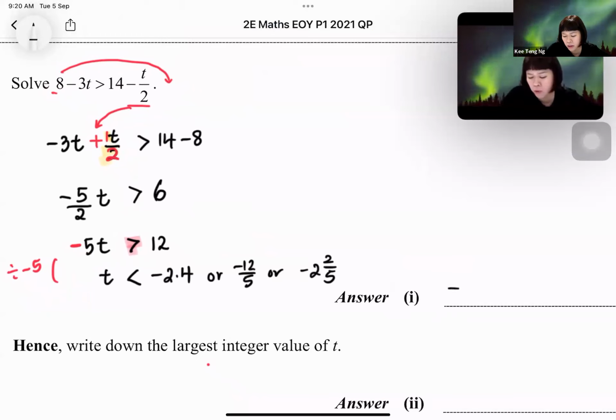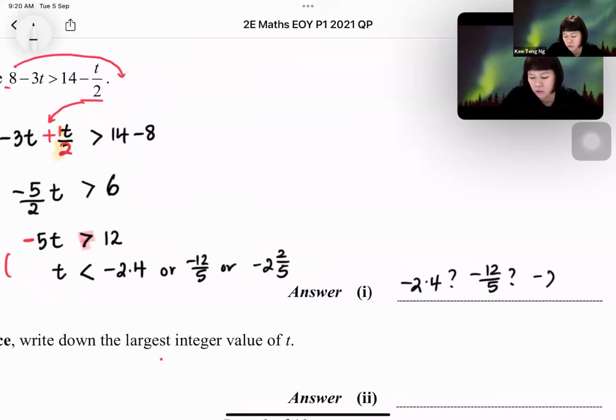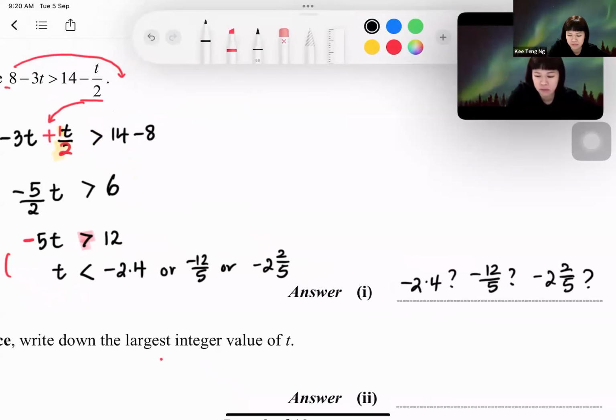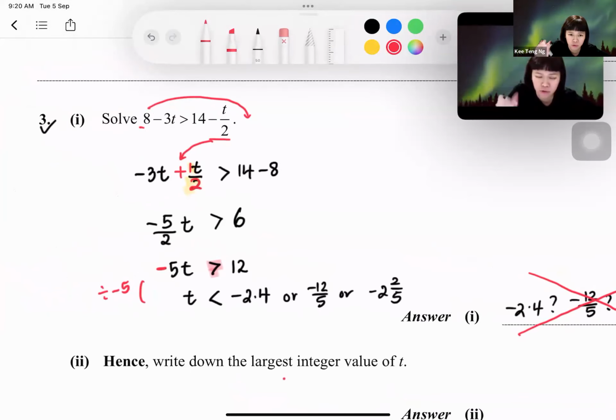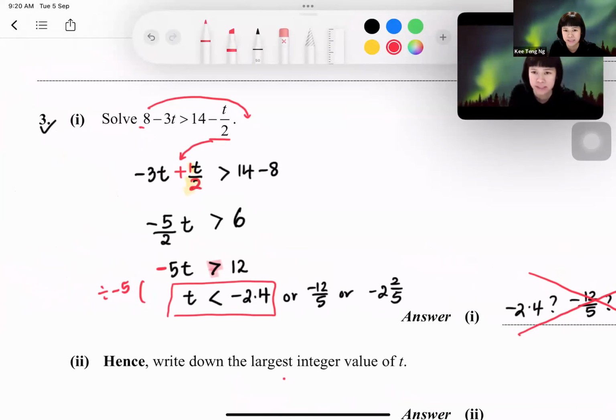Am I going to write negative 2.4, negative 12 over 5, negative 2 and 2 over 5? Are these answers acceptable? No, these answers are not acceptable. Why? Because they ask you to solve for it. What is t? T is a whole range of numbers. So I want the whole inequality itself.